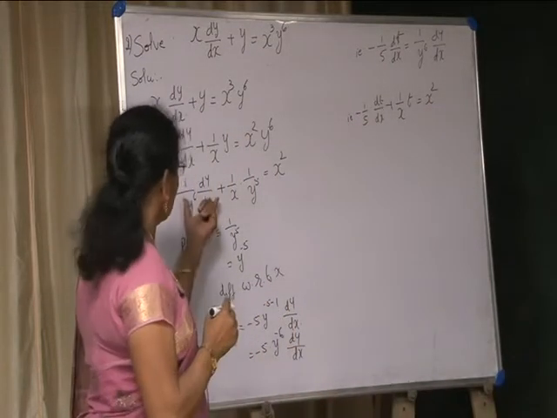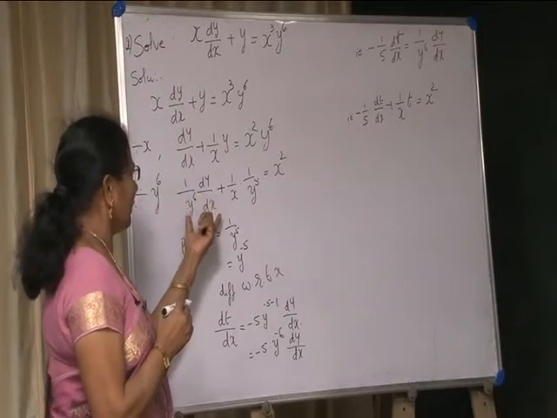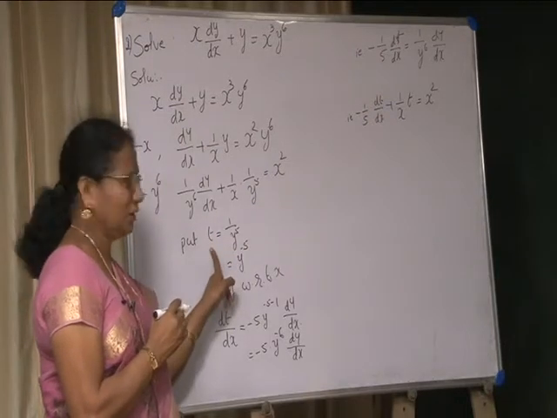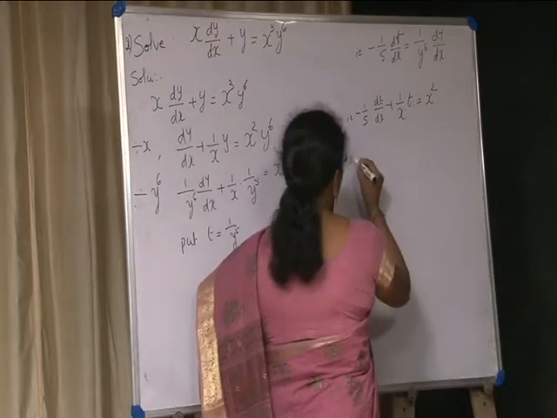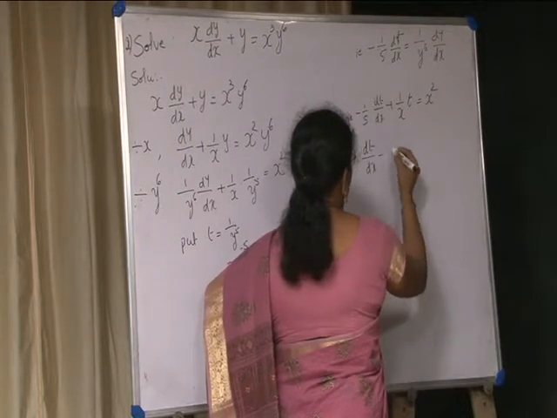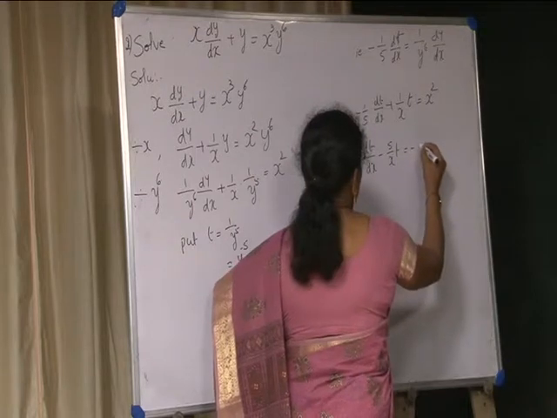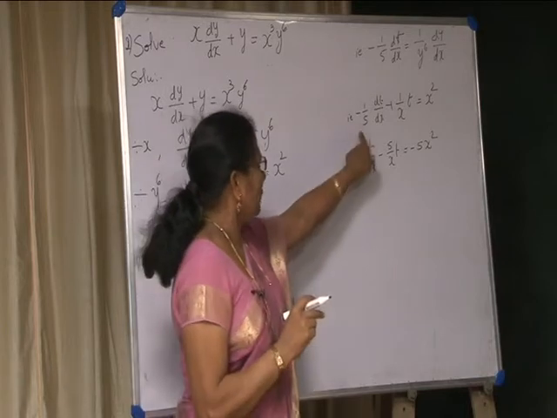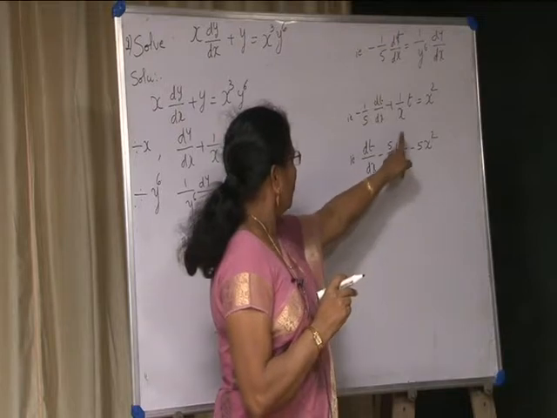In this place, minus 1 over 5 dt by dx plus 1 over x, this value we have taken as t, is equal to x squared. That is dt by dx minus 5 by x t equals minus 5x squared. Take LCM and cross multiplication: dt by dx minus 5t by x.